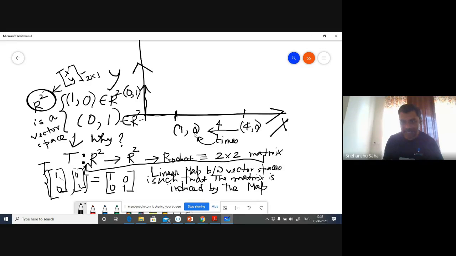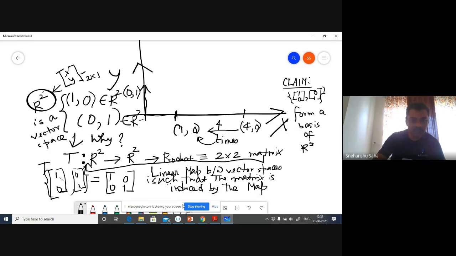This is once again another claim that I wish to make here, that these two vectors form a basis of R2.